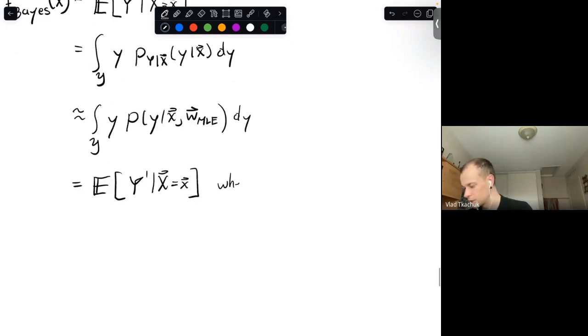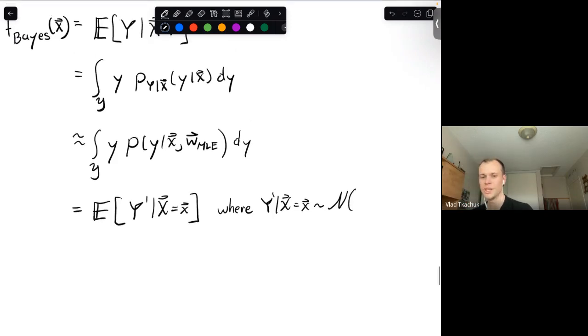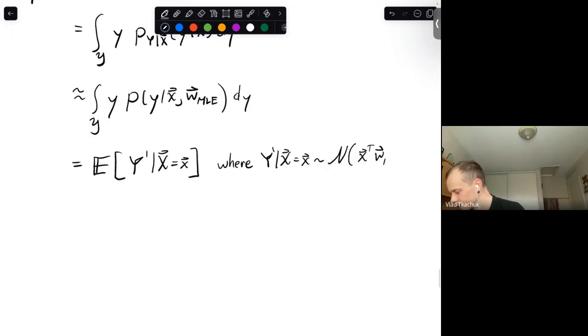Now we have a new random variable, y prime, and it follows a normal distribution. However, that normal distribution does not have mean x transpose w star. It has mean x transpose w MLE, comma 1.